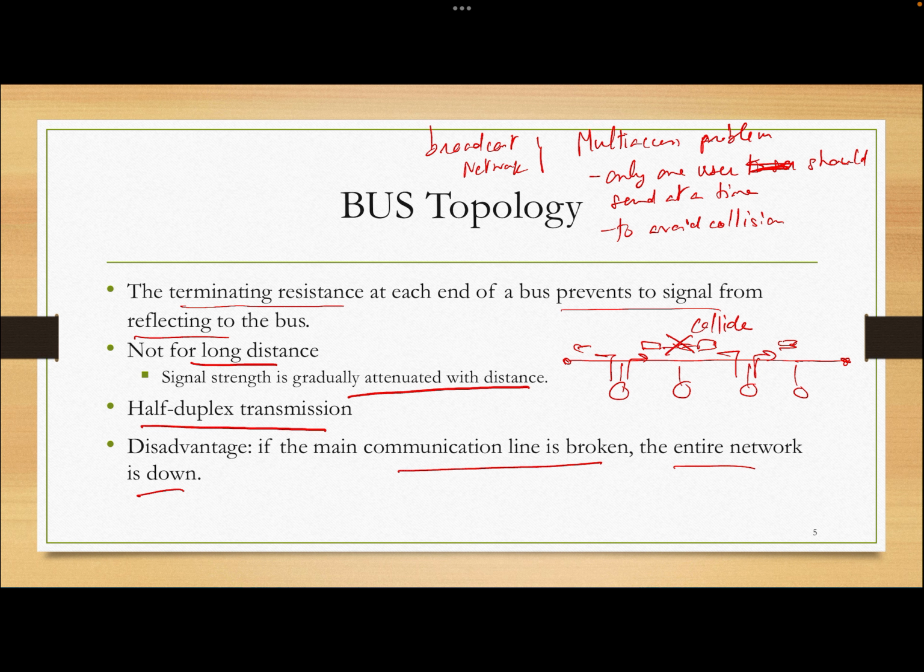If more than one user sends at the same time, the data will collide and cause collision. So you want only one user to send at a time. This is the multi-access problem, because you have many users and it's a broadcasting network. So you have to overcome the multi-access problem.